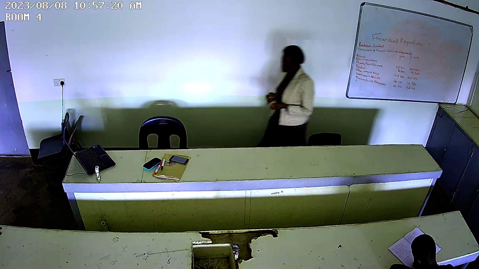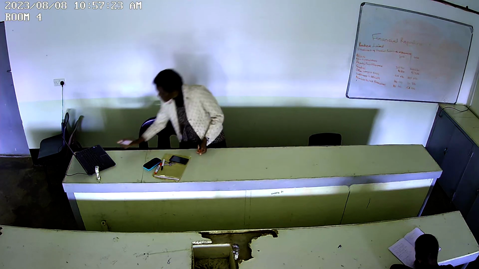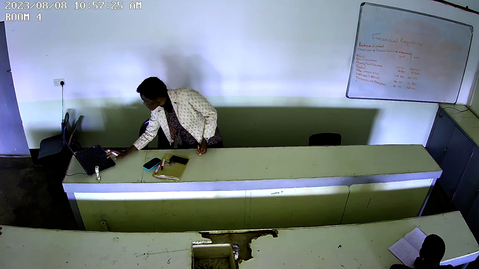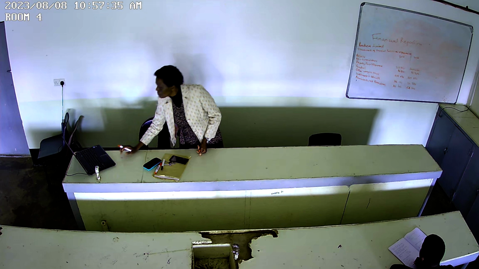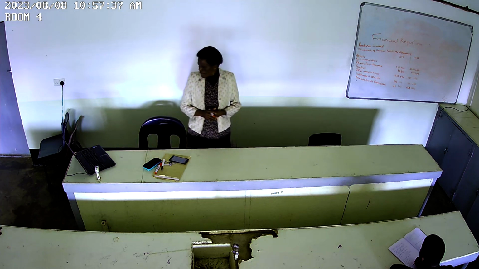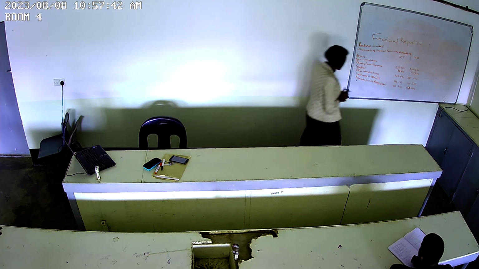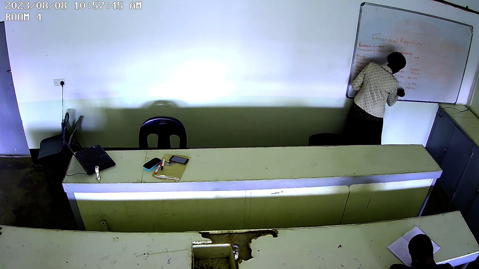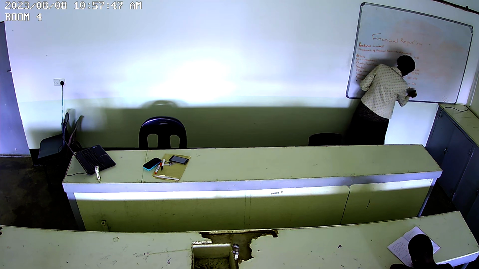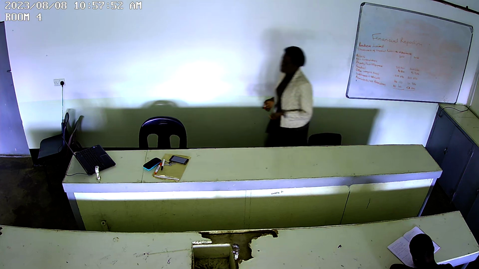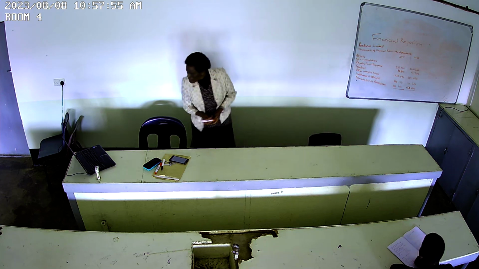Then we go to other kinds of assets. According to the additions they have, this is 901,620.